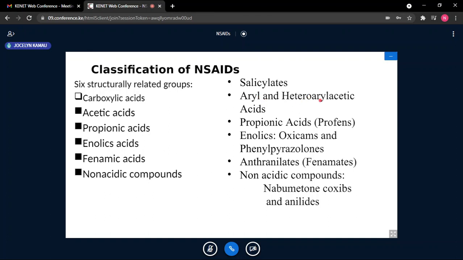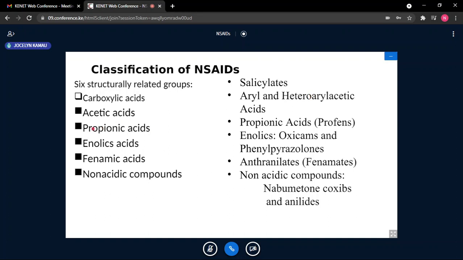So this aryl acetic acid is just a deeper classification telling us where the acetic acid has been attached. Aryl meaning aromatic, heteroaryl meaning it's attached to an aromatic ring which also has a heteroatom.